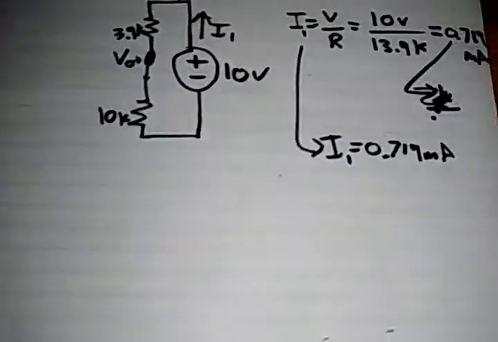Well, then if we find the I1, then we can simply find the voltage drop caused by these two voltage sources, which we're going to save for later.